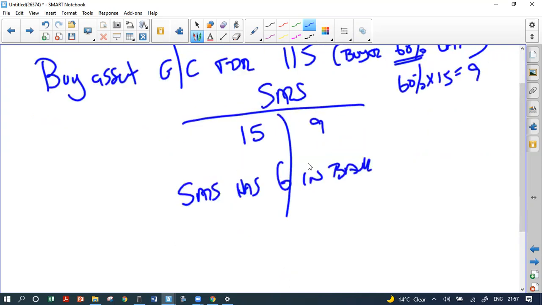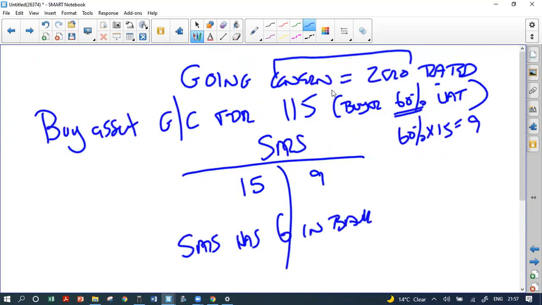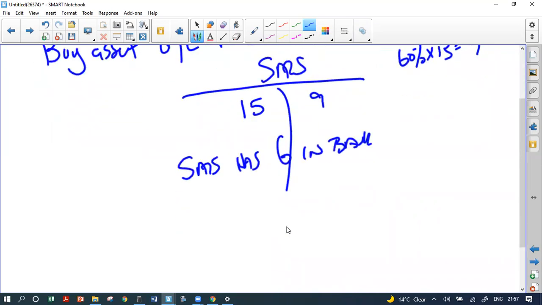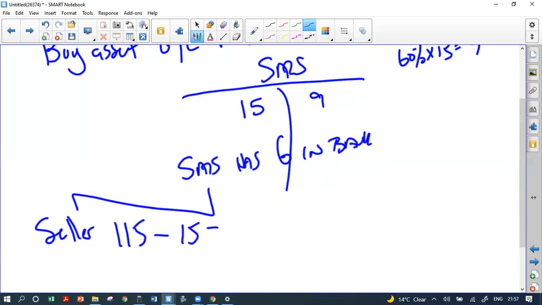Now, do you understand that there's a problem if you zero rate this, because SARS is not going to have 6 in the bank? So I just want to do something else with you. I want to just say the seller, he collects 115 Rand and he pays 15 Rand across to SARS. So he gets 100 Rand.